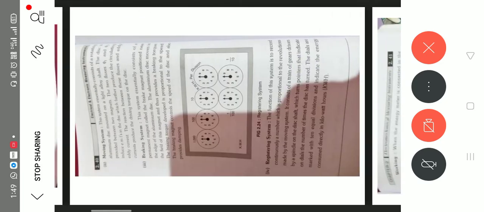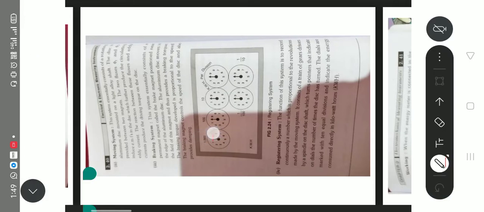In the energy meter we have a registering system like this. The aluminum disc will rotate from 0 to 0, one revolution complete. Again it goes from 0 to 0, another revolution.